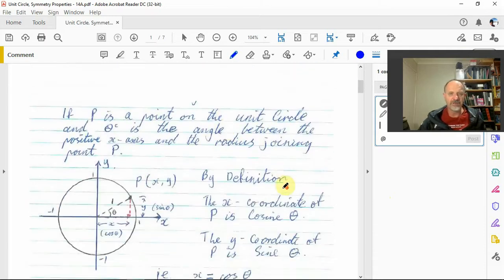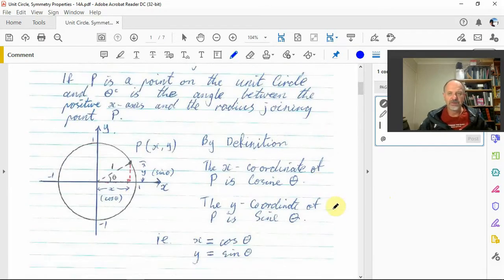So here's our unit circle, on a Cartesian plane with X and Y axes. The circle is centered at the origin, and the axes are labeled 1, -1, -1, 1 because the radius is 1.